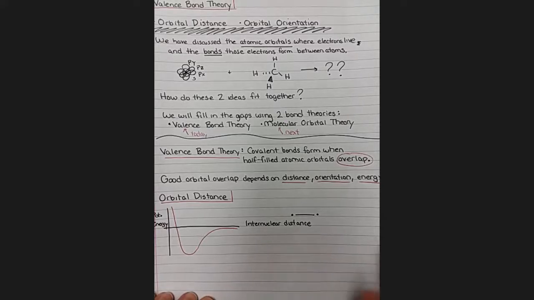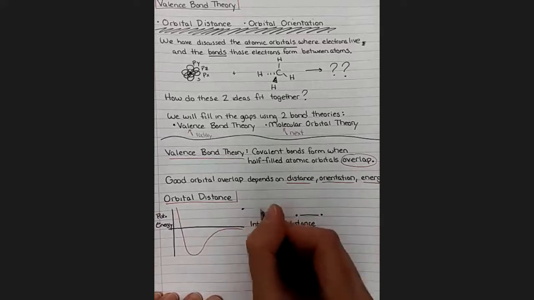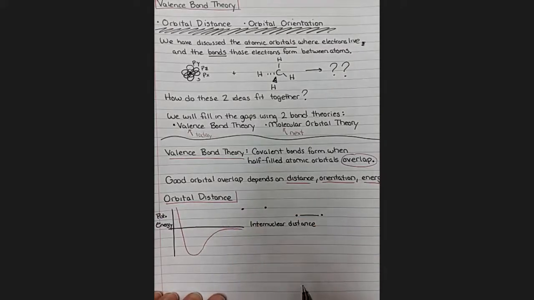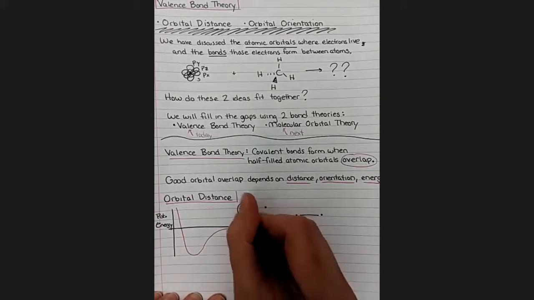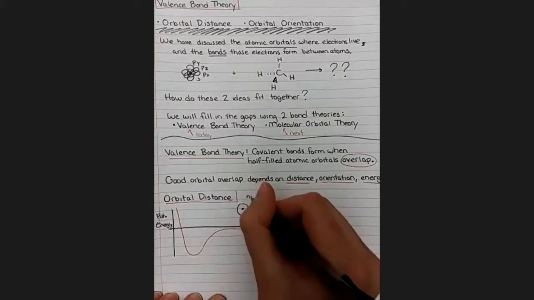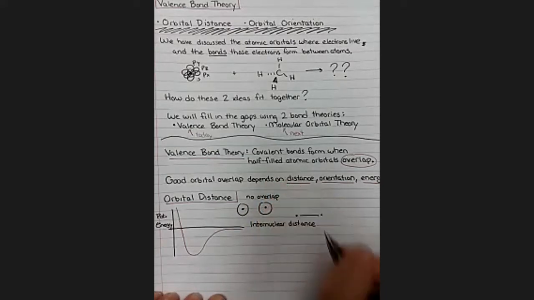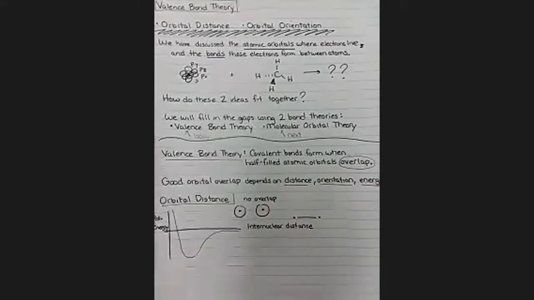So over here on the right side, we said the internuclear distance was large. There's essentially no orbital overlap and no interaction between atoms when they're very far apart. So we've set the energy to be at 0.